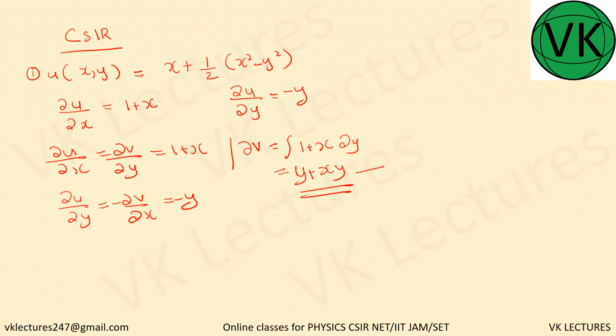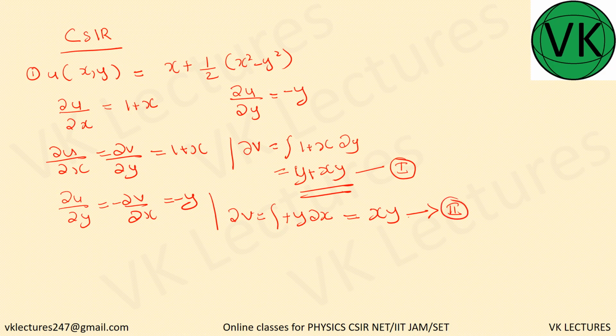This is integration 1, and here dou v is equal to integral of minus y dou x, which is equal to minus of minus plus, so that is equal to xy. This is the integration 2.